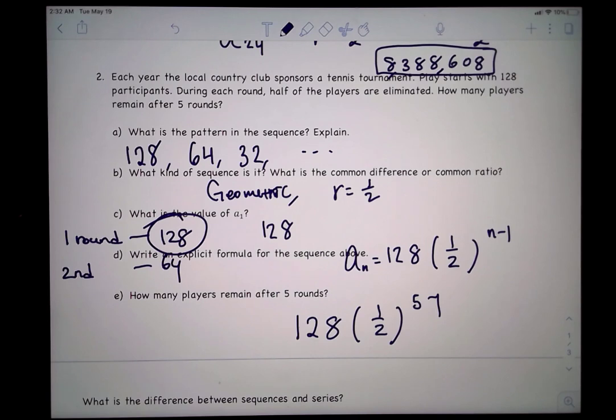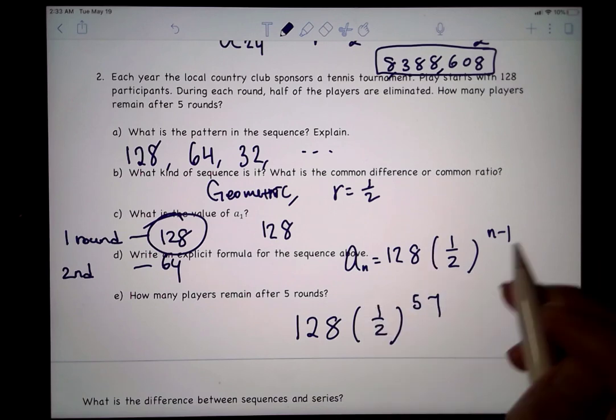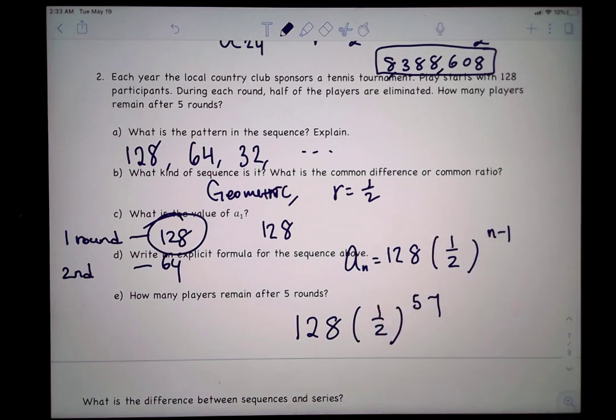So for the fifth round, that is 128 times 1 over 2 to the 4th power, and then you get 8. So the answer is 8. If you get 4 for the answer, you didn't subtract 1, or you misunderstood your initial value.